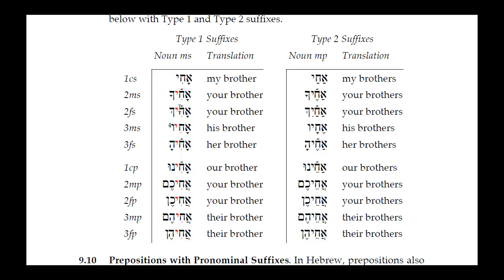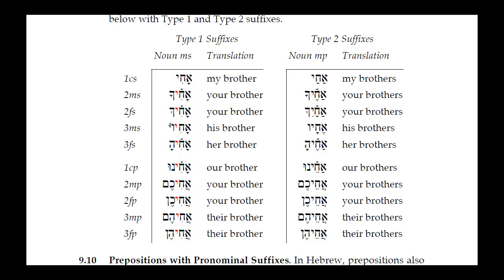Again, looking at the hireq yod, this is what tells you that this is a type 1. The noun is singular. And the type 2 here, everything else, like the segol he, the qamets yod, segol yod, tsere yod, all these tell us that it is type 2 on this one syllable word here.